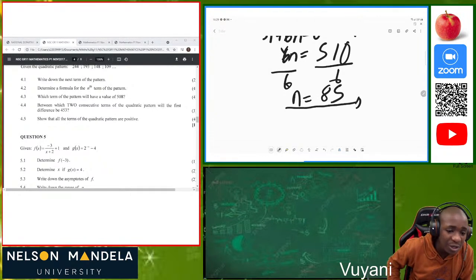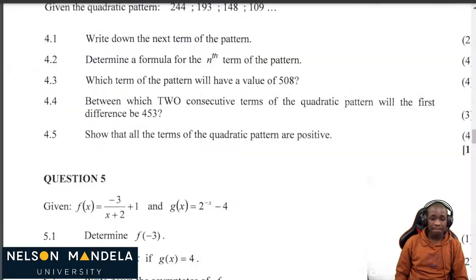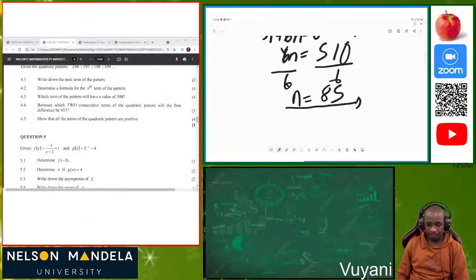We have not yet finally answered the question, because they said between which two consecutive terms of the quadratic pattern will the first difference be 453. Two consecutive terms. We have already found one. So now we know that when n is 85, we have to find another consecutive term where we'll be able to certify what the question has asked us.